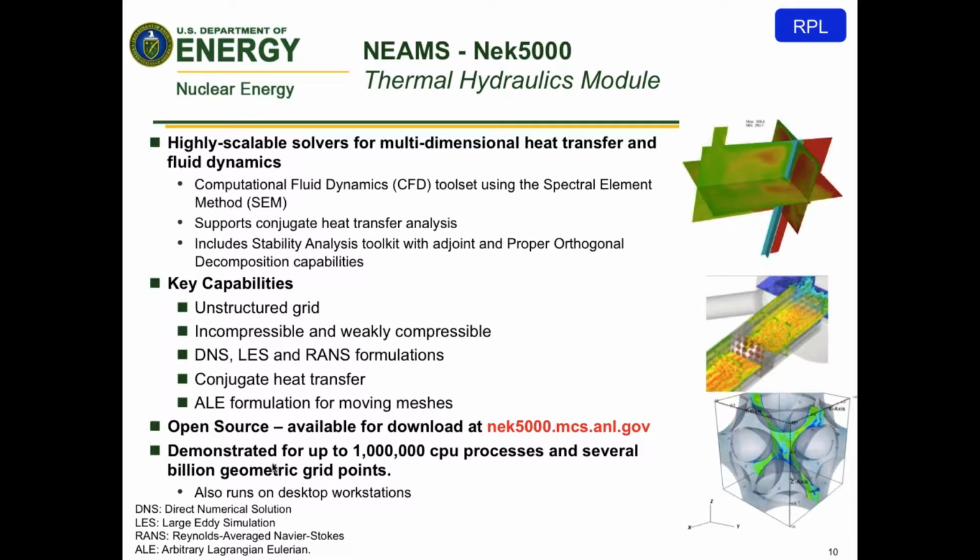number of problems. The graphics on the right-hand side, the top one is the MAX experiment, the thermal mixing validation simulation. The middle one has to do with the spacer grid validation and simulation, and the bottom one has to do with the pebble bed validation simulation. So you can see that the validation efforts and the application of NEK5000 is fairly broad, and getting broader.